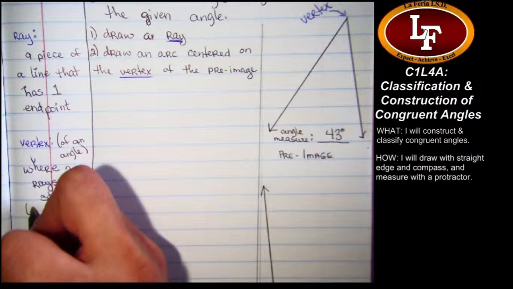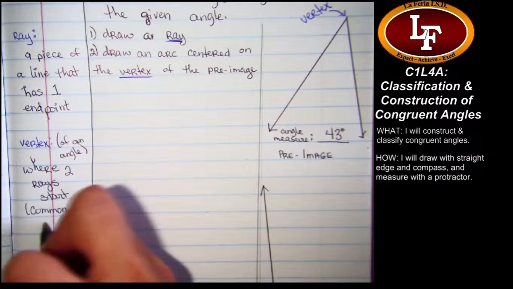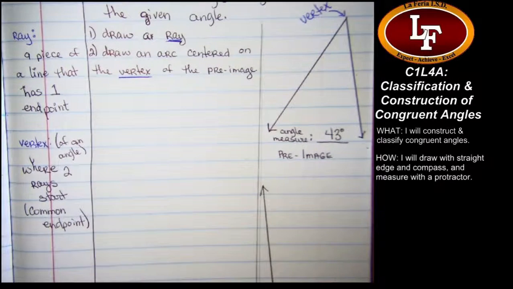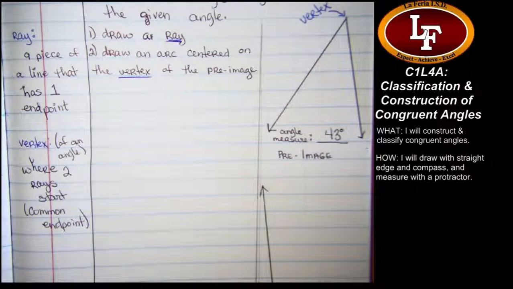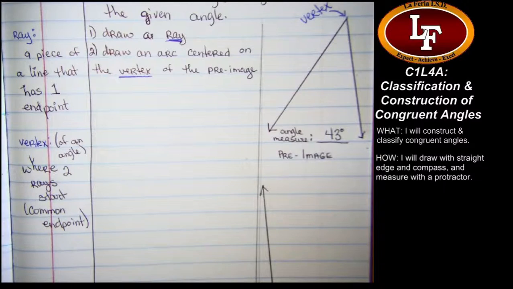This is their common endpoint. So the vertex of an angle is where those 2 rays start. They have a common endpoint. There's your vertex. So we need to draw an arc where the center is that point, and we're doing it on the vertex of our pre-image, this one over here.